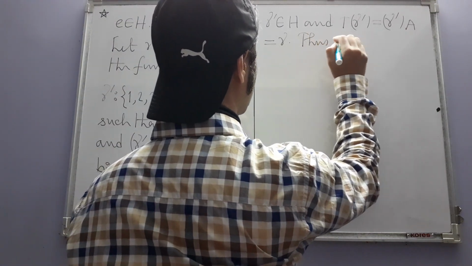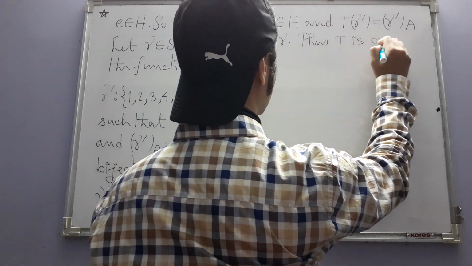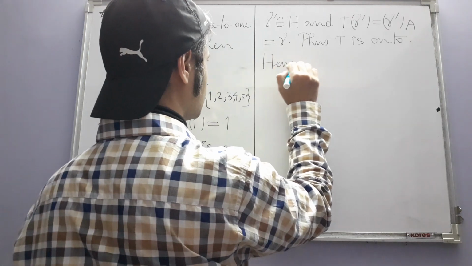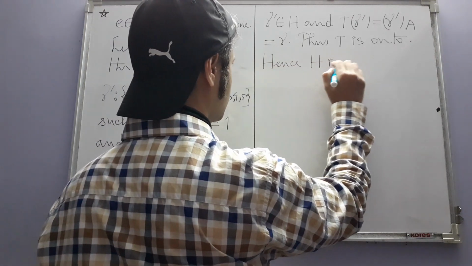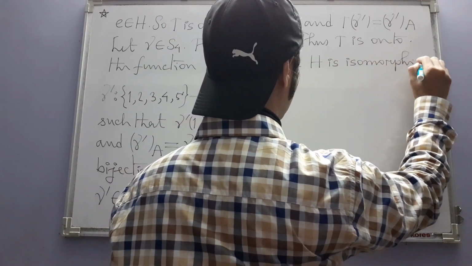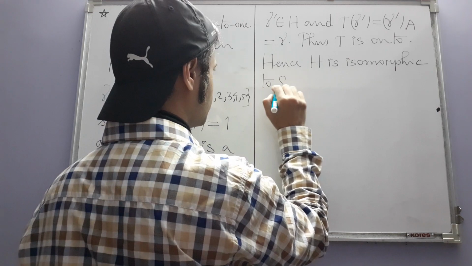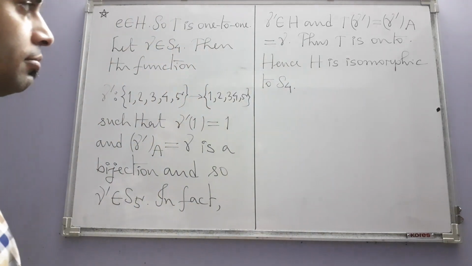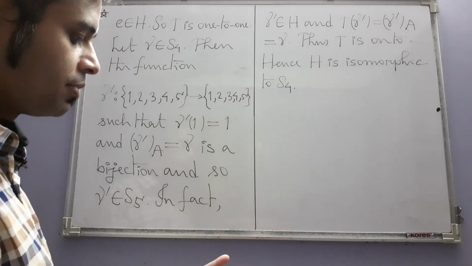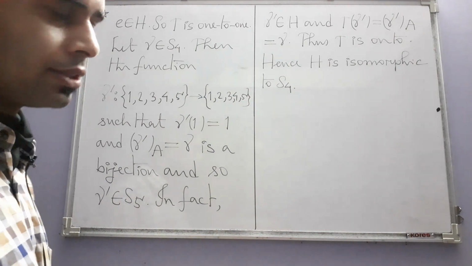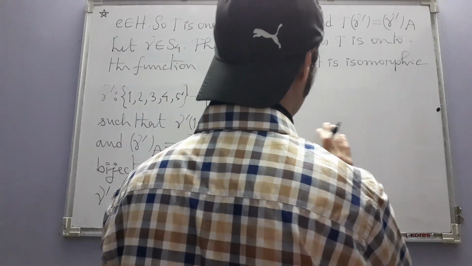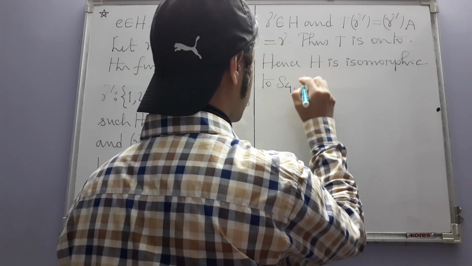Thus T is onto. Hence H is isomorphic to S4, right? Because T is well defined, it's homomorphism, it's one-to-one, it's onto, it is everything. So H is isomorphic to S4, and T is an isomorphism, establishing that fact.